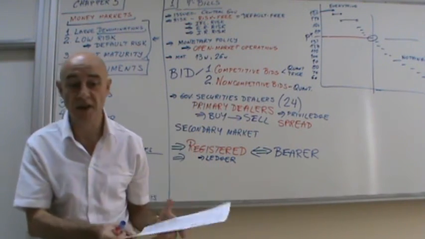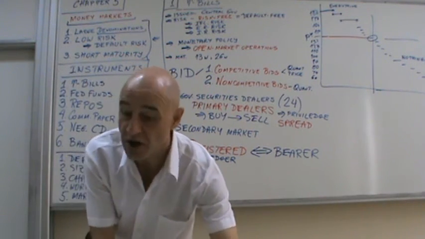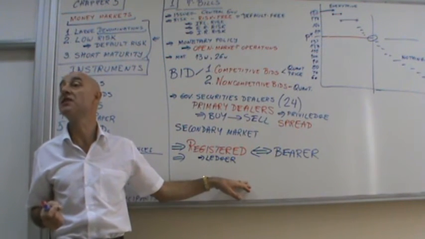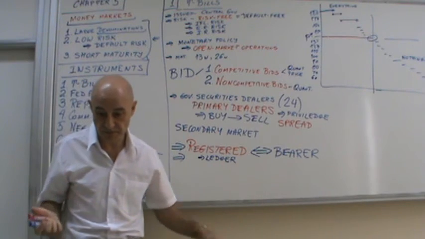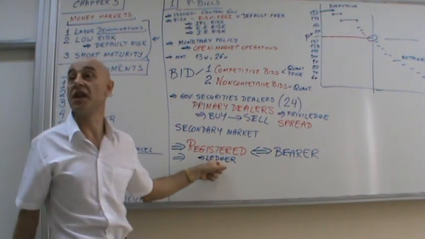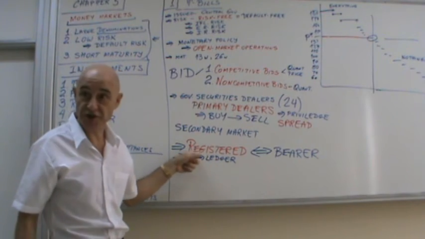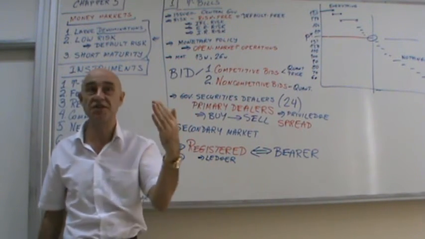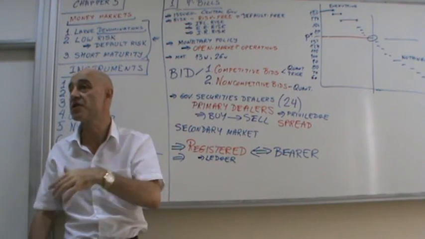And it's kept in an electronic form in a government computerized system. Okay, so it's in a ledger form, it's registered, so at any point in time you can look up the register and see who the current owners are.